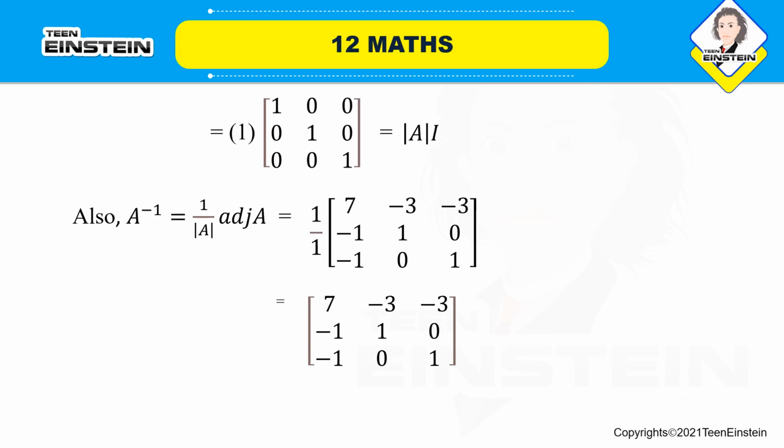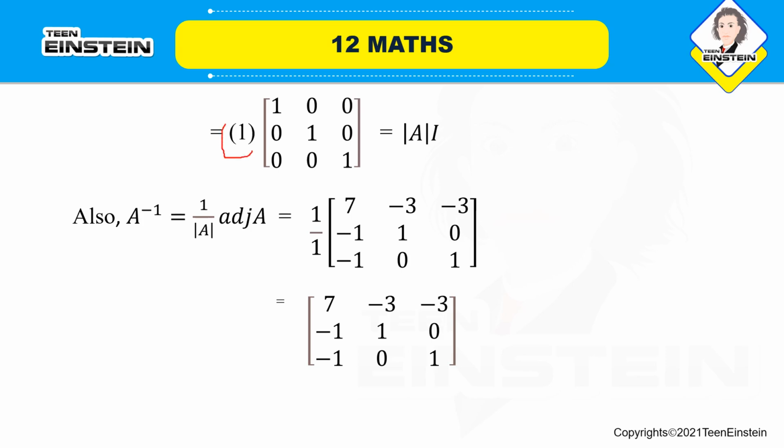Okay, so how will you rewrite that? Actually what I am getting is 1 0 0, 0 1 0, 0 0 1 in the previous step. In the next step I am rewriting it as 1 into 1 0 0, 0 1 0, 0 0 1.